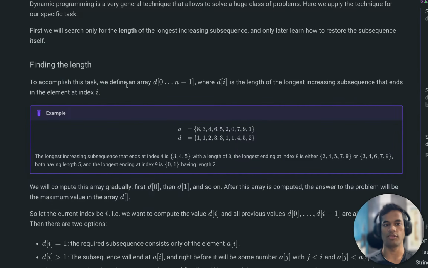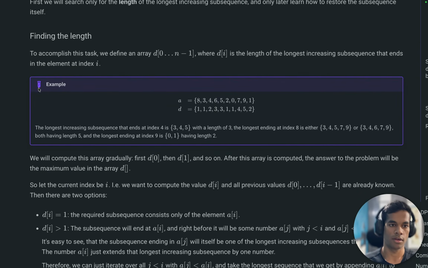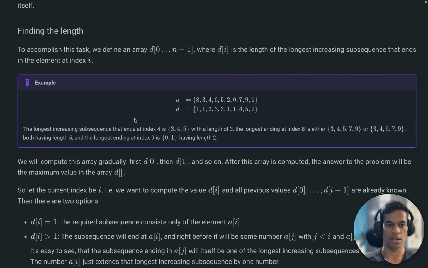Finding the length. To accomplish this task, we define an array d, where d i is the length of the longest increasing subsequence that ends at the element at index i. The longest increasing subsequence that ends at index 4, so this is one indexed, index 4 would be 1, 2, 3, 4, is 3, 4, 5. 3, 4, 5 is the subsequence with the length of 3.